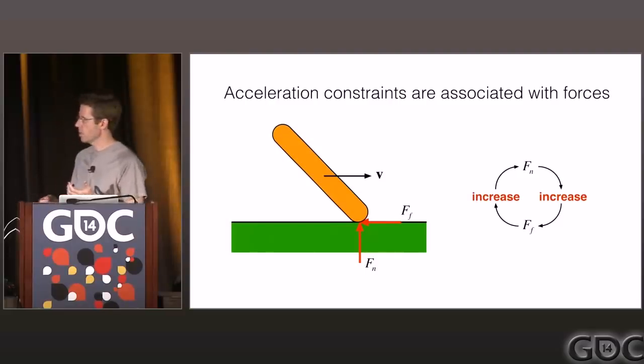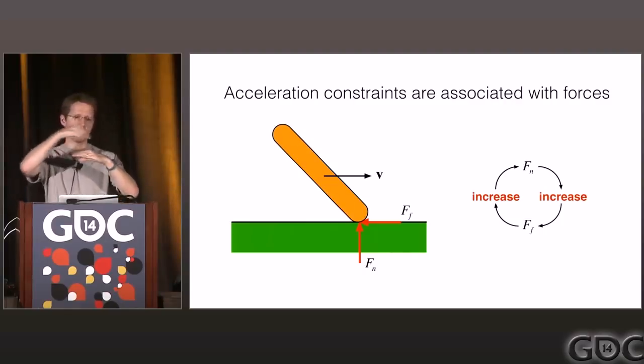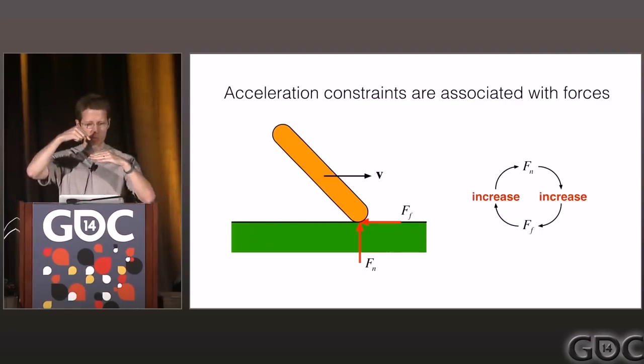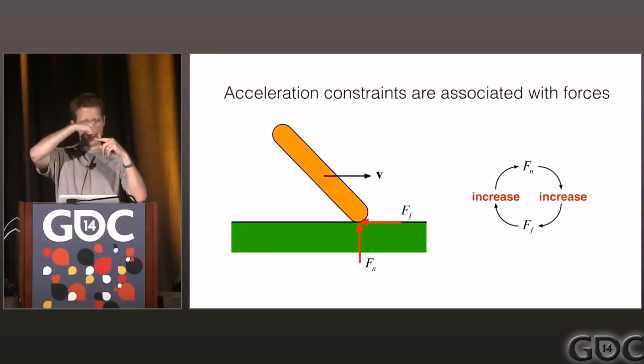Here's an example of where you can run into trouble. Let's say you had this rod that's sliding across the ground. There's going to be some friction force pushing back on that rod. And that tweaks the rod and gets it to dig in. That increases the normal force. But the normal force and the friction are related.